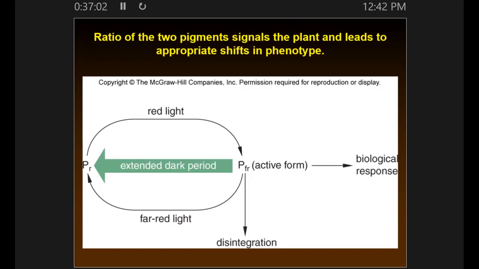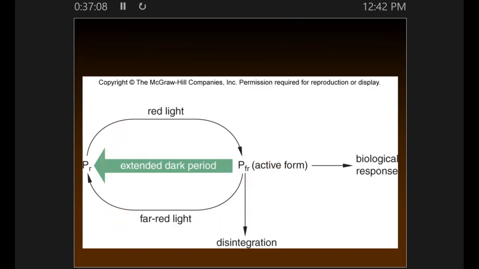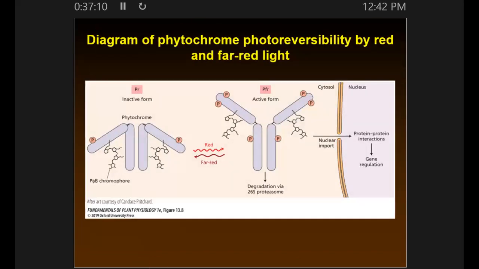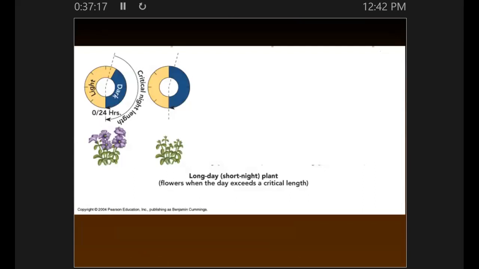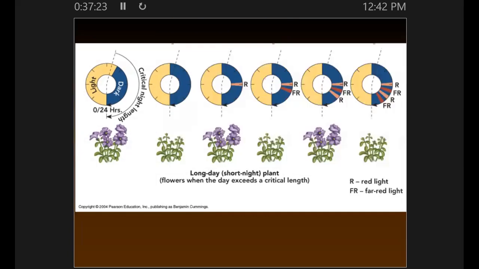So talking it out loud, talking through it, drawing this. I would draw this over and over and over, and use this visual idea to help me understand what's going on. And then work through some scenarios, like what happens with light versus dark critical periods. Okay.